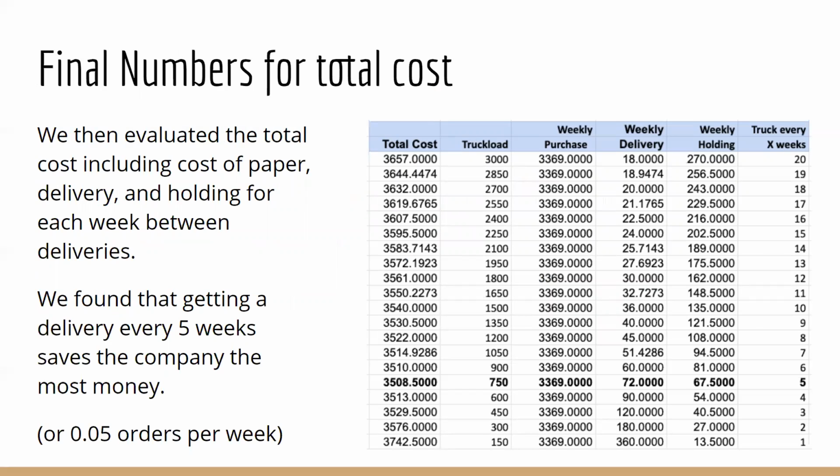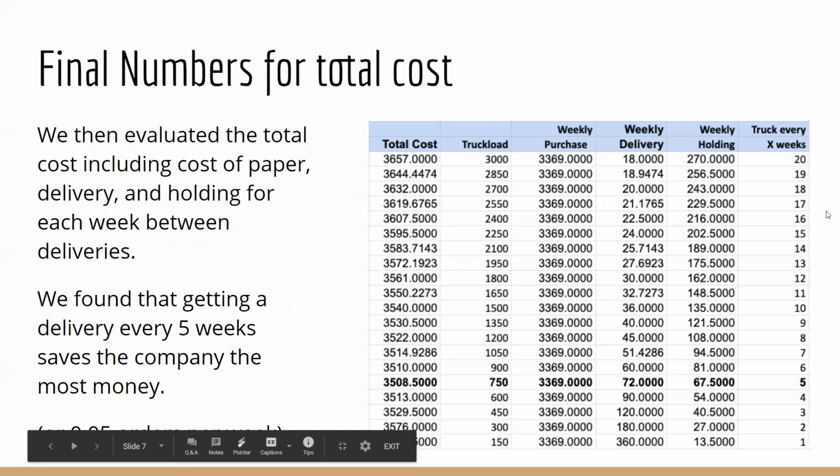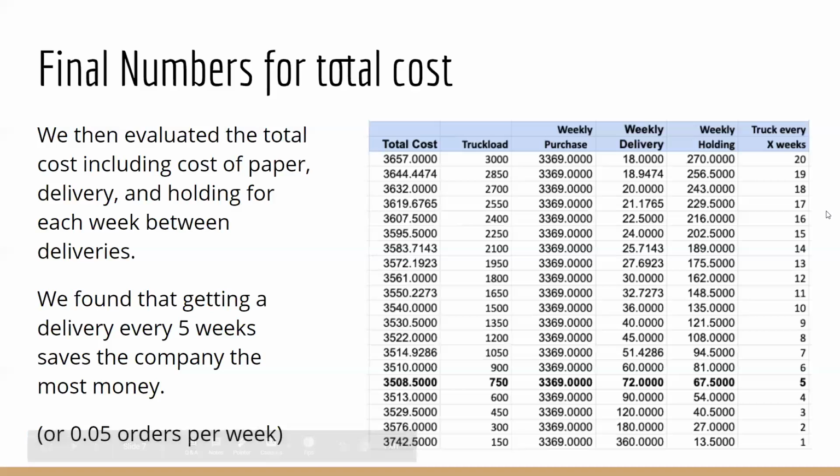Here are our final numbers for the total cost. So to the right, you'll see just a big graph of all the numbers we tried out. These are all the different possibilities for delivery costs. And you'll see on the far right, the truck of X weeks.